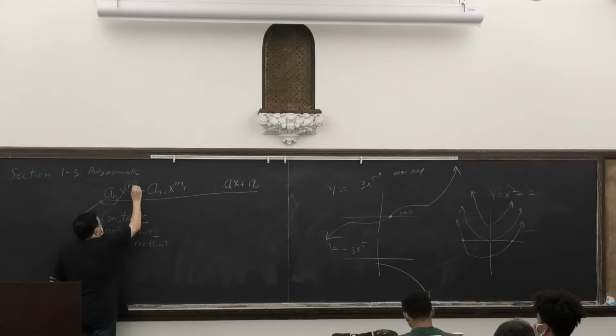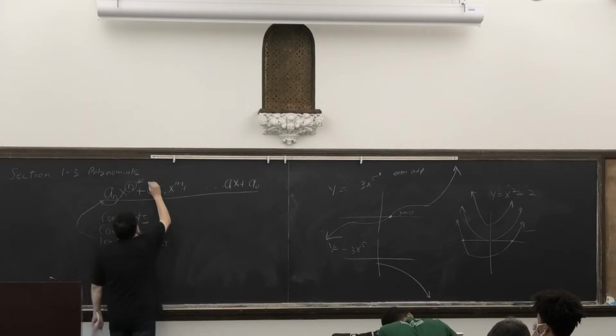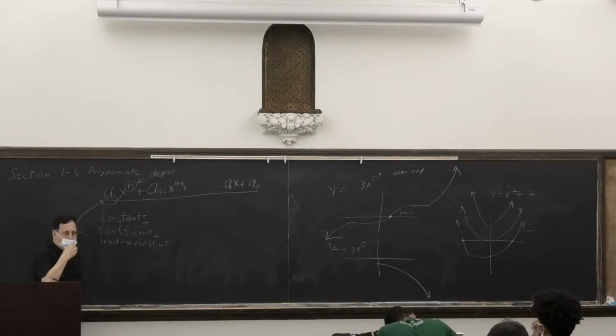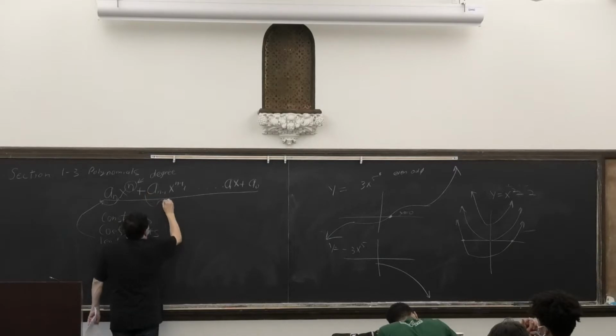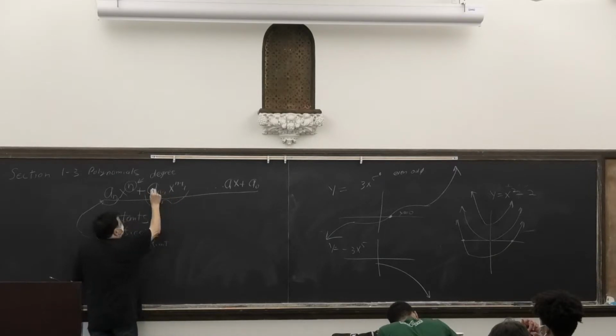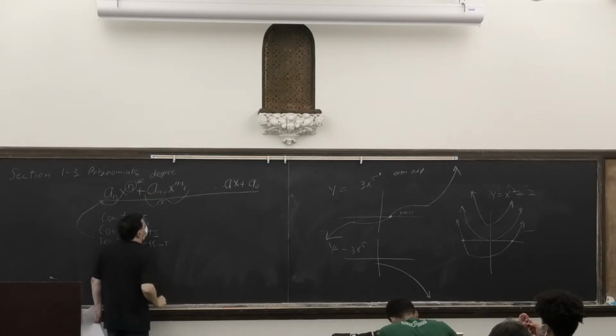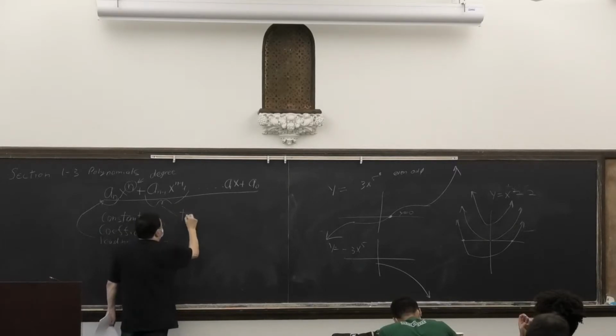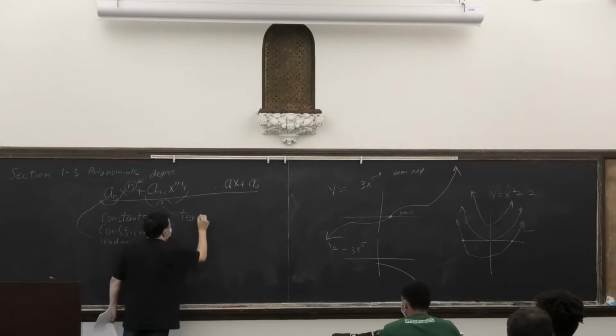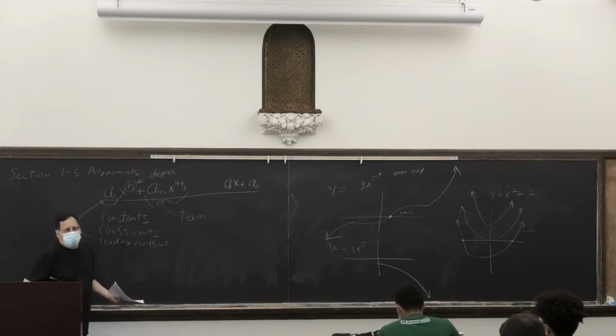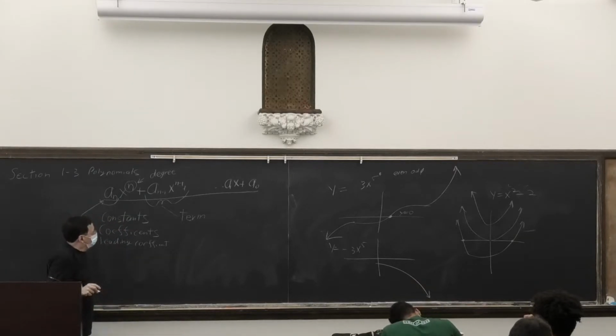The largest exponent is called the degree. And again, I just mentioned whether that's odd or even makes a big difference. Each of these combinations of a coefficient and x to some value is called a term. This is just vocabulary that we're going to use, and you need to know what it means.